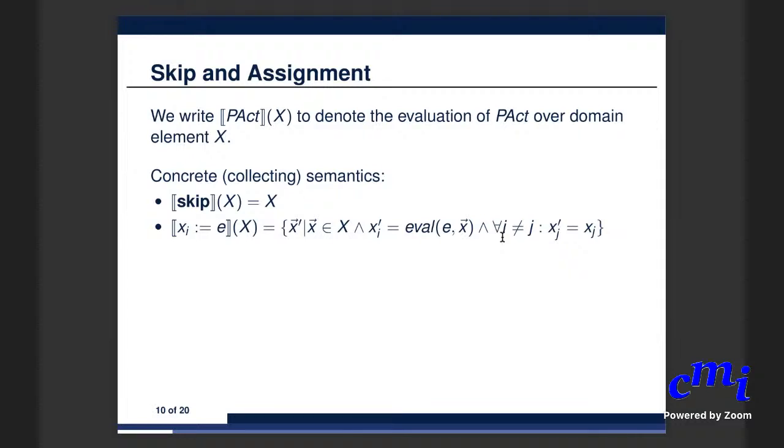The for all quantifier is not a problem, because there are only finitely many i and j. I'm describing it here for an arbitrary number of variables, but in any given context you'll only have finitely many variables, and therefore you can actually construct this, which you've already done in your last programming assignment, if you did. So that's exactly what's happening here.